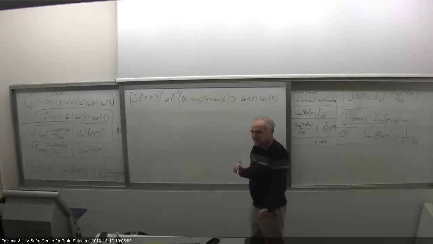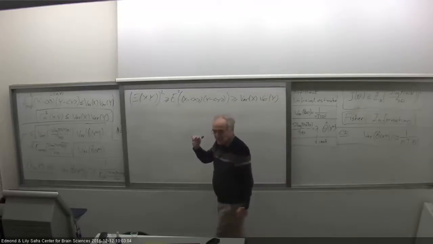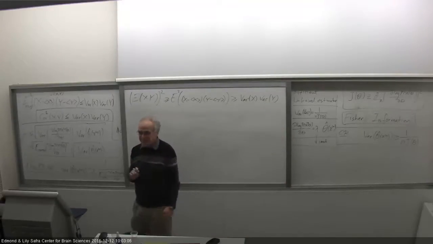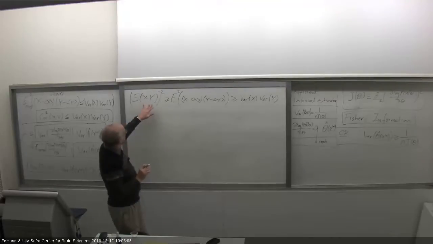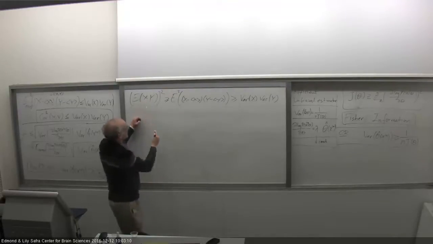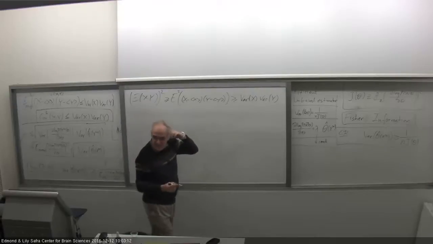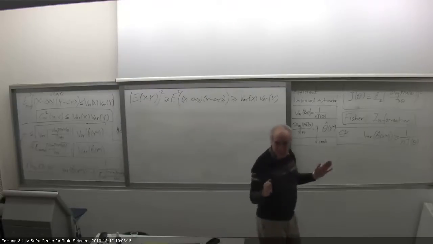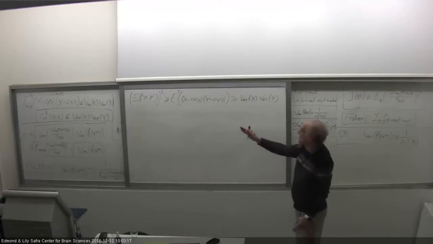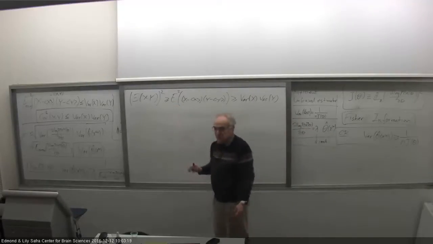Okay? This is just to answer you, to make sure that everybody understands. So even if I ignore the fact that one of the means is 0, it's true. If one of the means is 0, this is actually an equality.